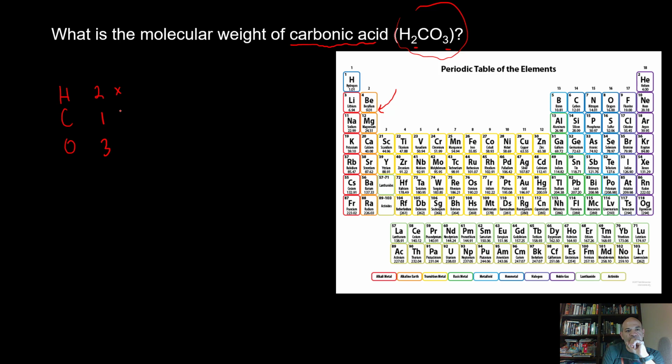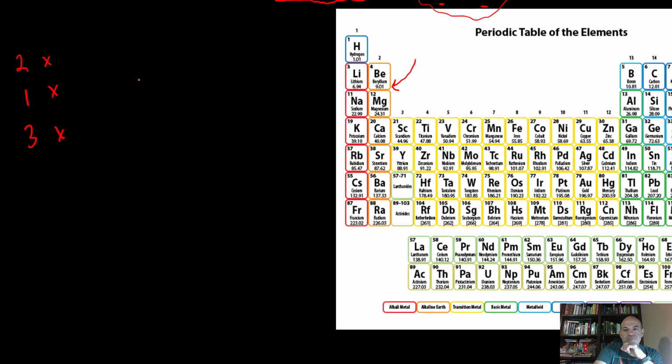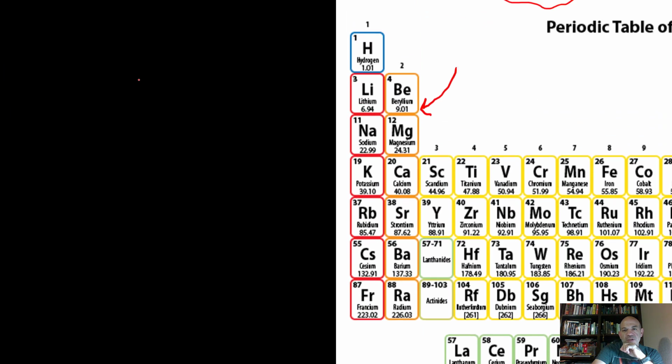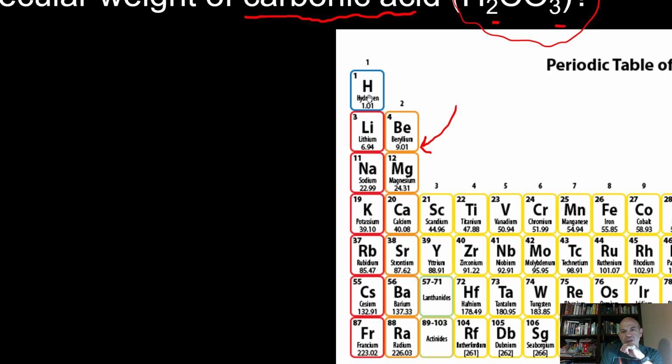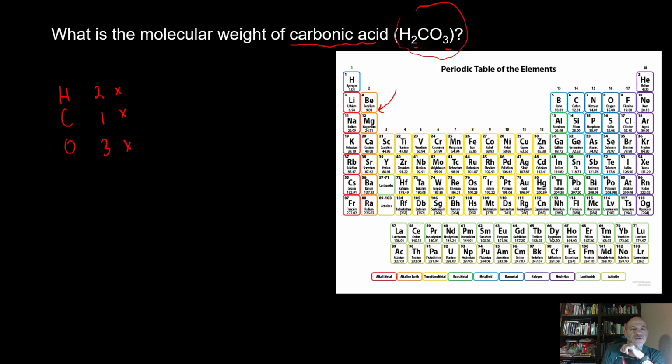Now we need to multiply by the average weight of those atoms that you get from the periodic table. So for hydrogen, if we look up close there, it'll say 1.01. So I'm going to put here 1.01, and it's technically atomic mass units because it's the average mass of the atom.